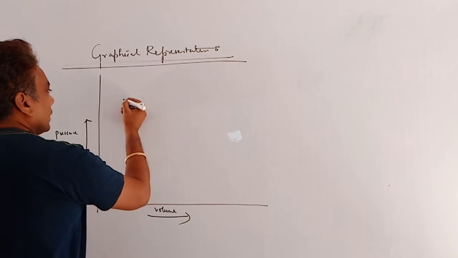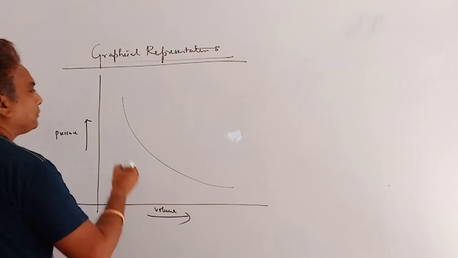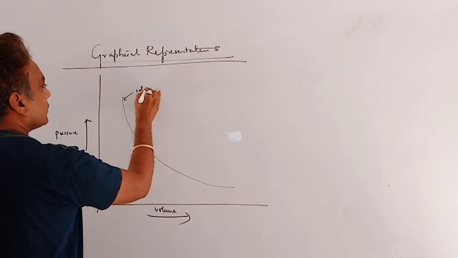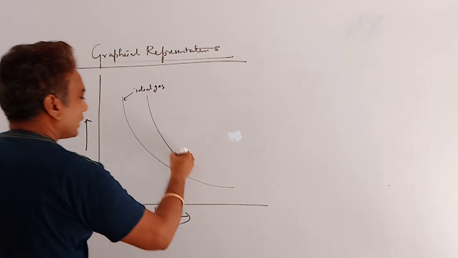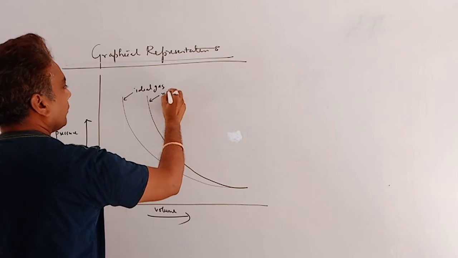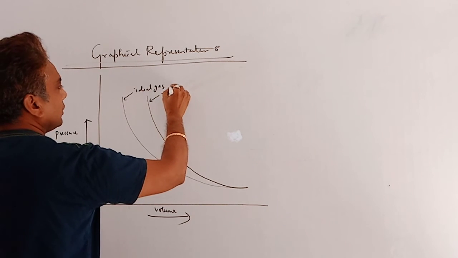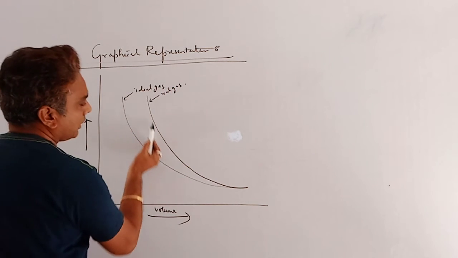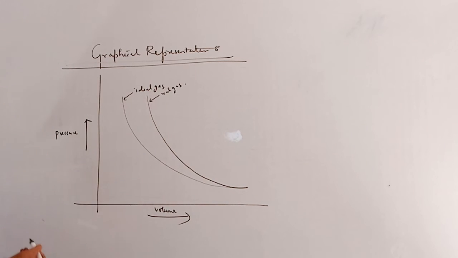Then for ideal gas, it is observed as this. This graph is for ideal gas, and in case of real gas it is observed like this, for the same quantity on similar conditions of temperature as well as number of moles. In case of real gas the graph is this one, and in case of ideal the graph is this one.